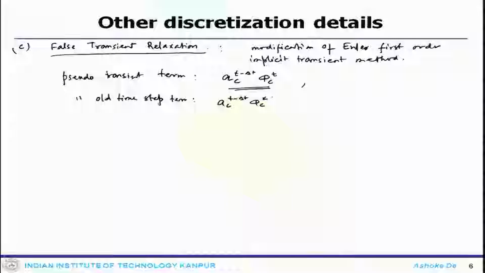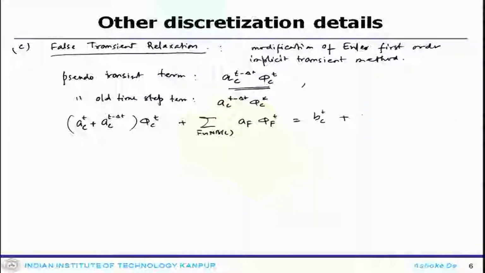With this modification, one gets (A_C plus A_C t minus del t) phi_C plus summation over F in NB(C) of A_F phi_F equals B_C plus A_C t minus del t phi_C star, where A_C t minus del t is computed as rho_C V_C by del t.